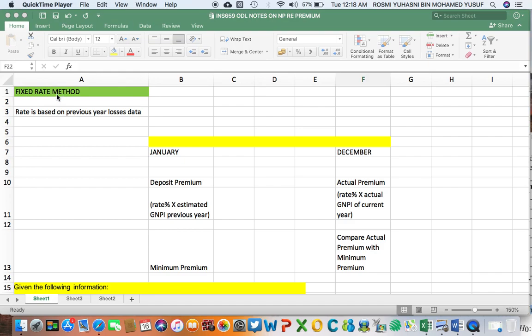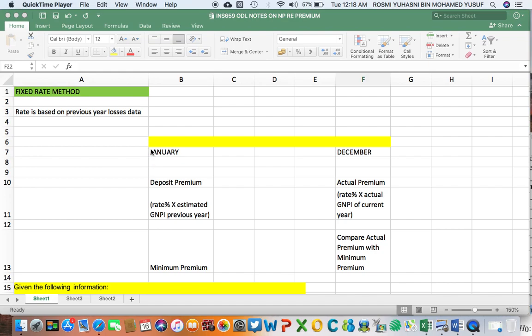So in the fixed rate method, we are looking for the reinsurance premium rate in terms of percentage. This rate is based on previous year losses data. Let's say we have a treaty for 1 year, which begins in January and ends in December of the same year.